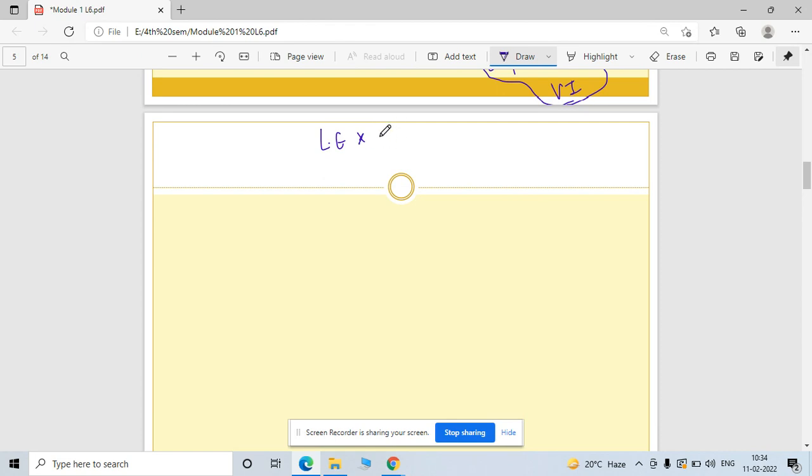Limiting error into measured value is equal to guaranteed accuracy error into full scale value. By this relation you can find the limiting error, because the limiting error is with respect to your measured value.